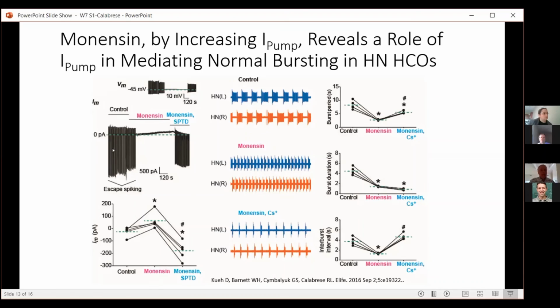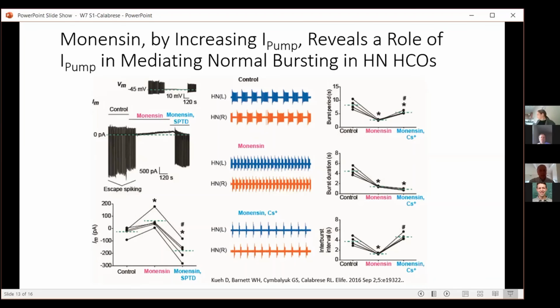And you see that leads to a persistent outward current. So by increasing sodium concentration, we activate the pump. And when we remove the monensin, that turns off.